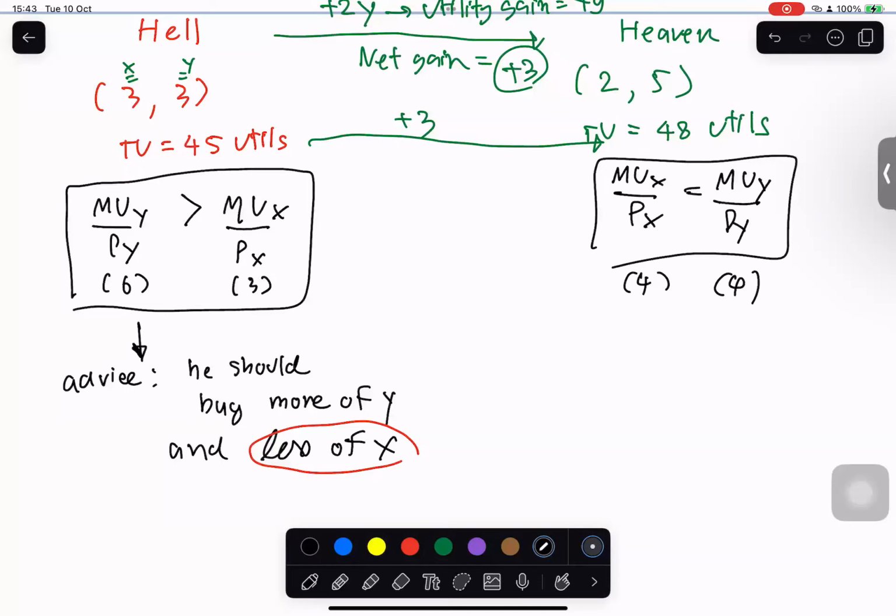But the rule is to buy the one that has MU over P higher than the other one. That's the rule. This example may not be as sophisticated as you ask, but it already gives the principle to follow. I get this question every semester. It's a good question.